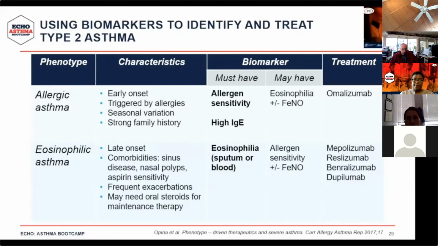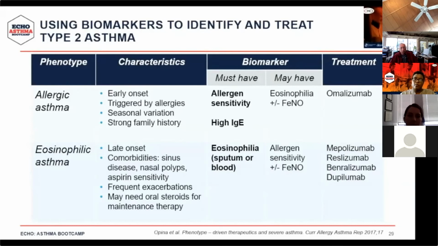For the biomarker evaluation, they will have a positive allergy test or some sort of allergen sensitivity and a high immunoglobulin E level. They may or may not have eosinophilia. And these are the patients who will respond well to omalizumab, which is an anti-IgE monoclonal antibody.